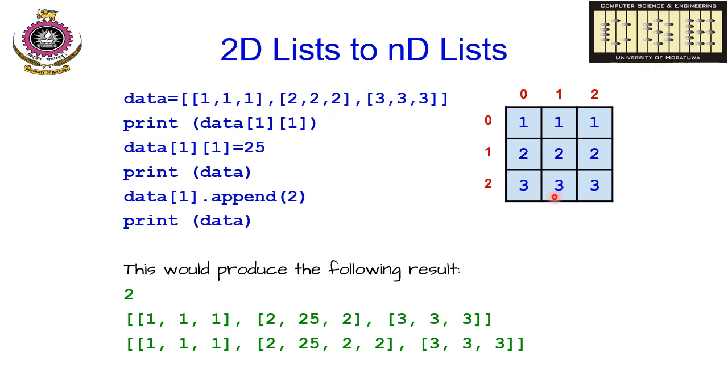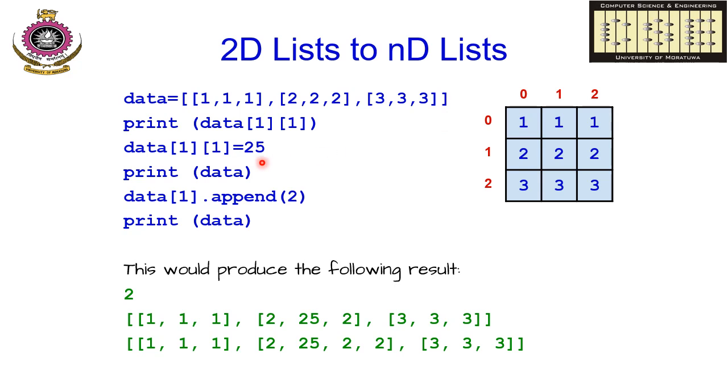That's why it is easier to visualize here. We have indices 0 1 2 vertically and horizontally. When you refer to 1 and 1, the value is 2. Accordingly, you can check other values as well. For example, with 0 0, the 0th item on the outer list is 1 1 1, and the 0th item in the inner list is 1. So the 0 0 value is also 1.